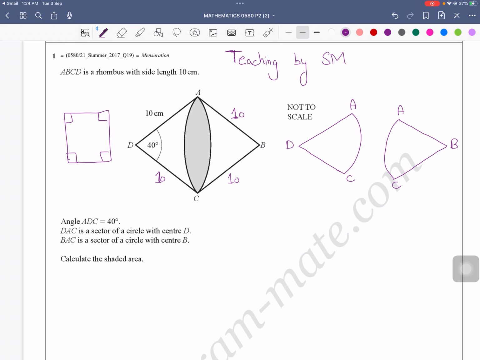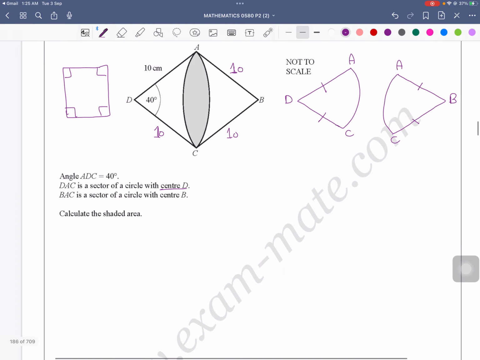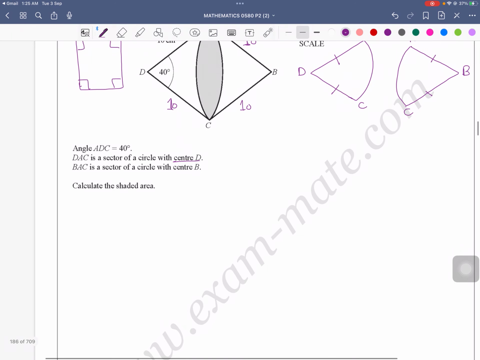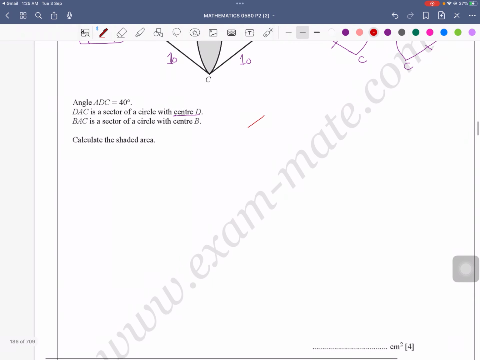Why? Because it says DAC is a sector of a circle with center D. So the length DA is a radius, the length DC is a radius, AB is a radius, and CB is a radius, and they're all equal to one another. Why? Because just like we discussed, a rhombus has equal lengths, just like a square.